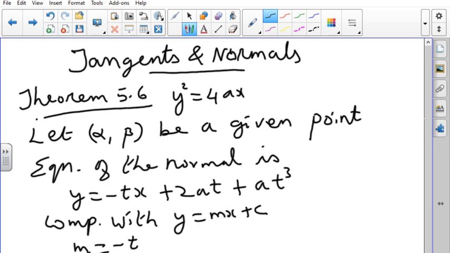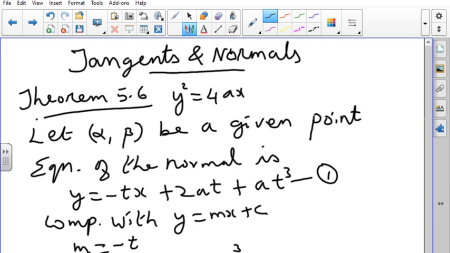So this equation, take this as 1, becomes y is equal to mx minus 2am minus am cube, since t is equal to minus m.